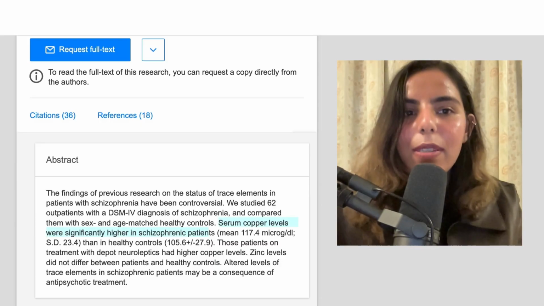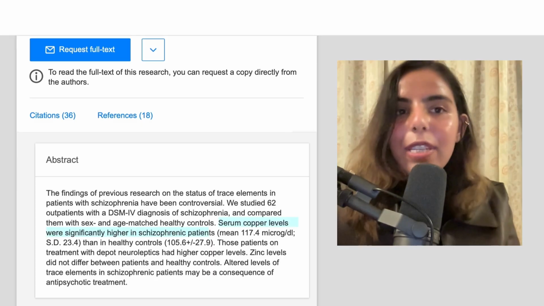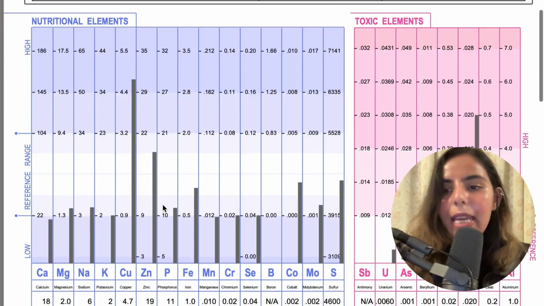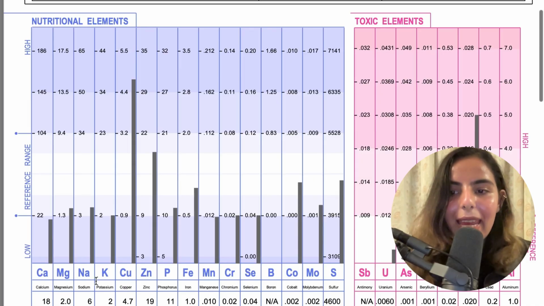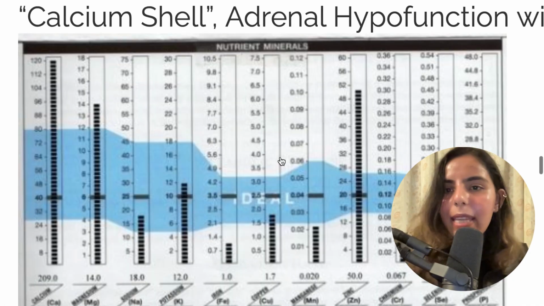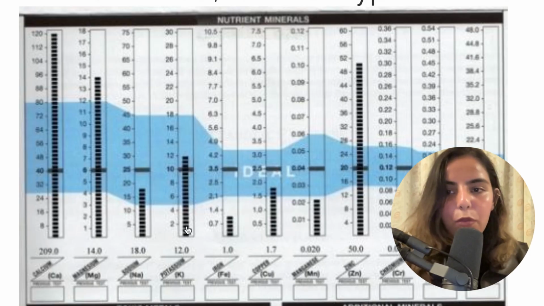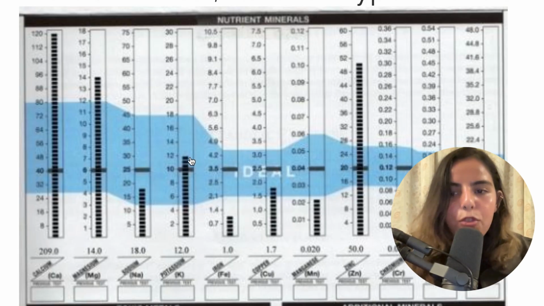And this really brings us to the discussion of thyroid health. So if we see the lab report here, if we see there's a beautiful marker of Ca and K. If we see the other report, let's take the example of calcium shell, since we are talking about that. If you see the calcium levels are really high and potassium, which is here, is just okay.